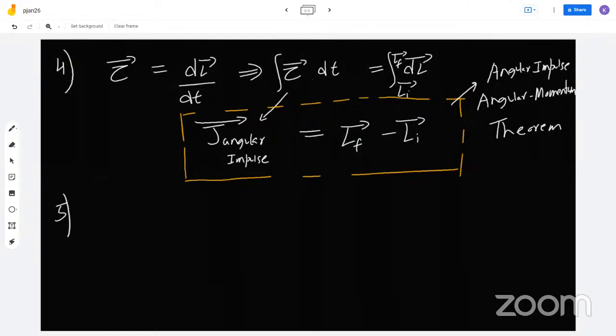Then from this we derived one more concept. What was that? Conservation of momentum, the principle of conservation of angular momentum.